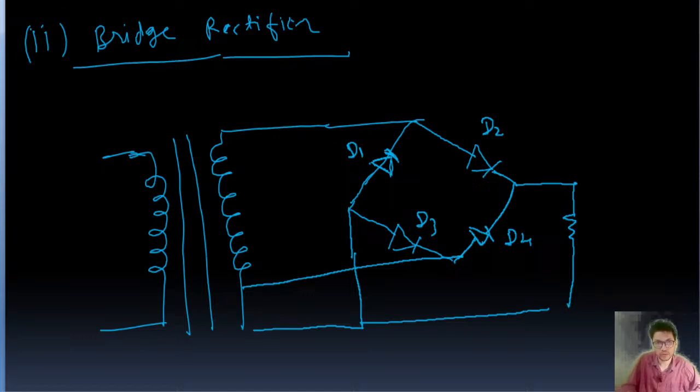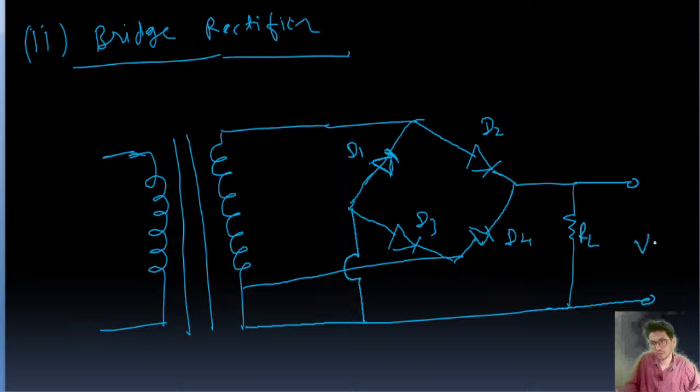So this is D1, this is RL, and this is the output V0. So these are the D1, D2, D3 and D4 diodes.